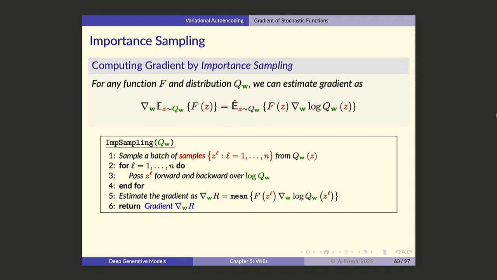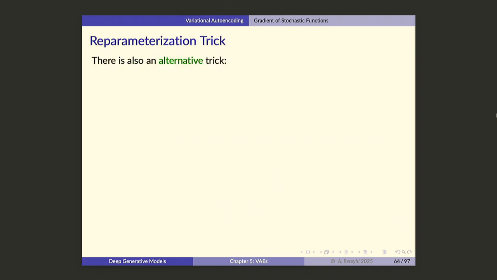No question? Great. So now, this was the importance sampling. As I told you, this is a very general approach to compute the gradient of a stochastic function. But there is also another approach, which we call reparameterization. So what is the idea here?